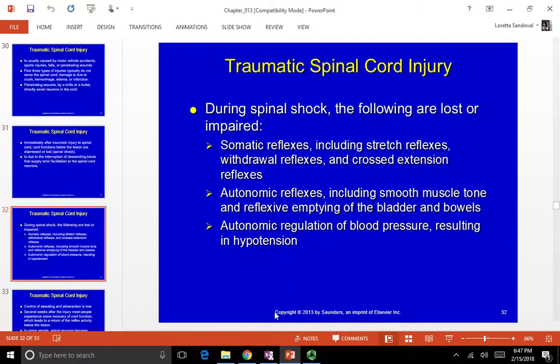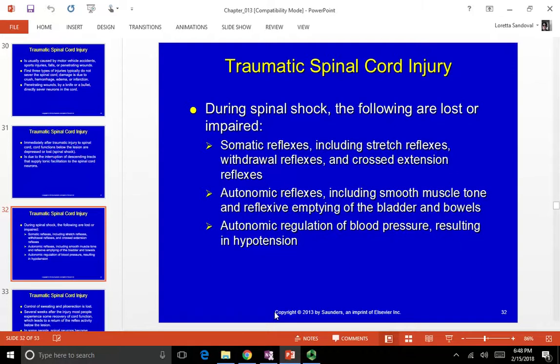But being able to manage his bladder and prevent urinary tract infections, that's a huge big deal for him. It's a huge quality of life issue, and a urinary tract infection can ultimately kill you if it goes septic. So walking, not an issue, but bladder control and managing his bladder and bowel issues, that's a big thing for quality of life.